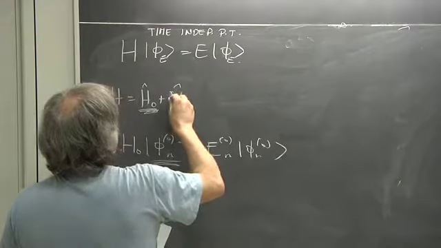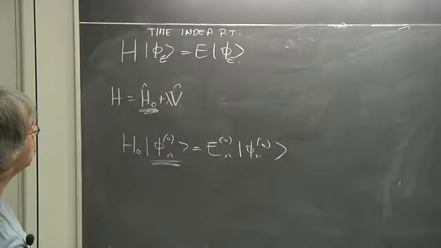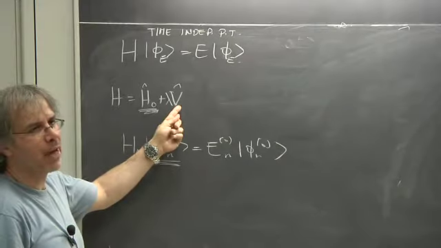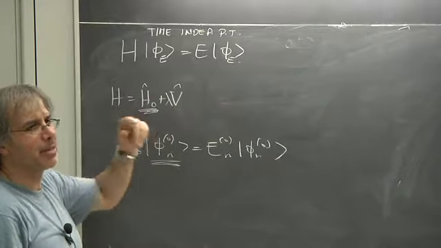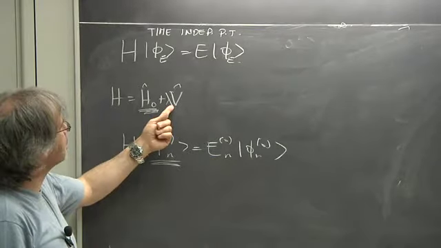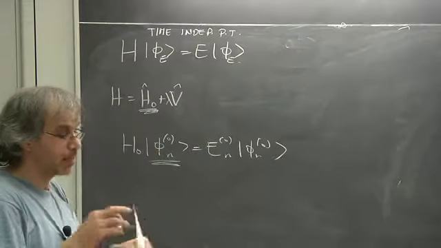For technical reasons, essentially for counting purposes, it's good if I put a lambda in front of V. In this way, every time I see a lambda, I remember that this is coming from the V. And so I can think of expanding everything in terms of lambda, okay?